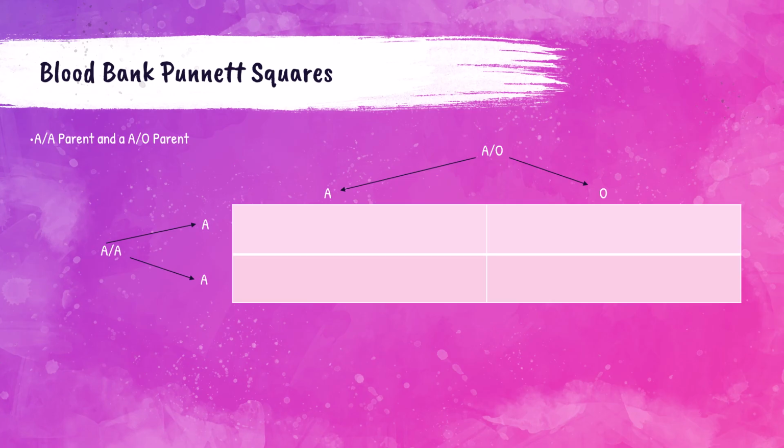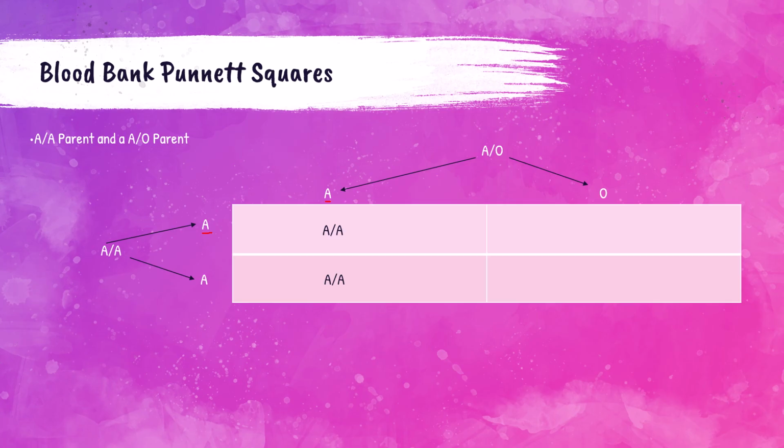All right, so this first one, what's it going to be? We're talking about this one and this one here. It's going to be A/A. Then the bottom right under that, what is it going to be? A/A.